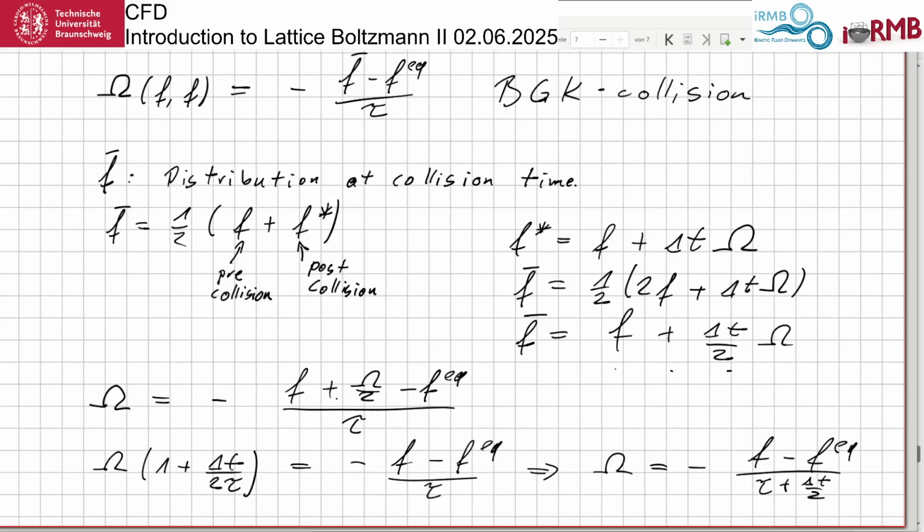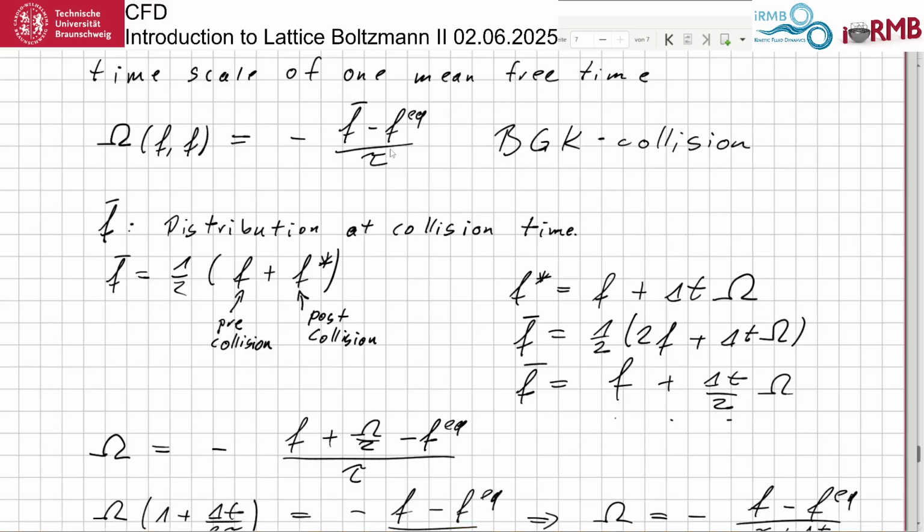Omega equal to minus. I kind of lost you. We are talking about what line? This line? No, this one here. Delta t by 2. This one. The second. We take this equation up here and we plug in this here.